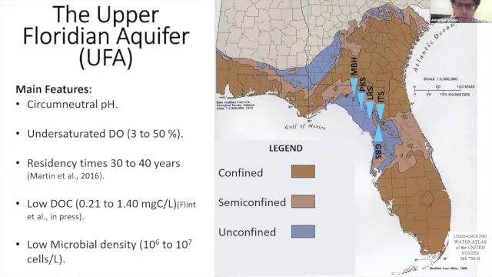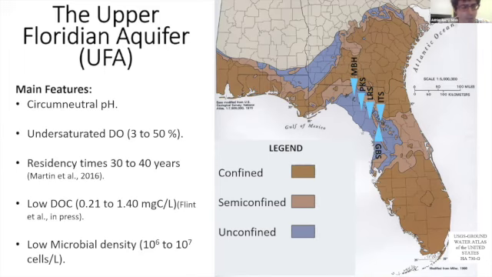What is the geochemistry about? Well, UFA water has a pH of around 7. In all cases, it is undersaturated in dissolved oxygen, although the actual concentration varies significantly between different springs, from 3% all the way to 50% dissolved oxygen. Residence times, in those places where they have been estimated, are around 30 to 40 years.